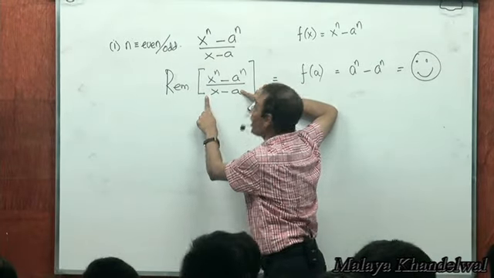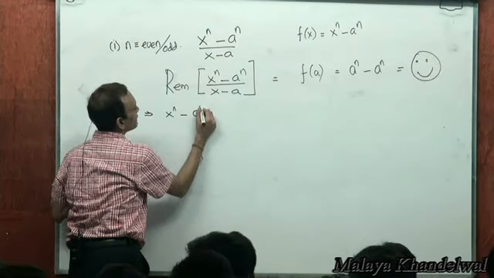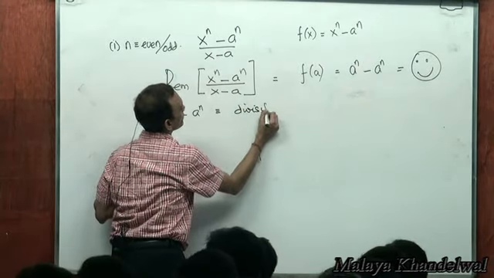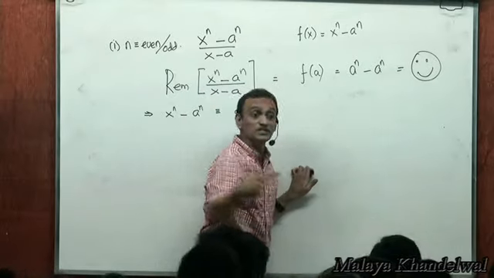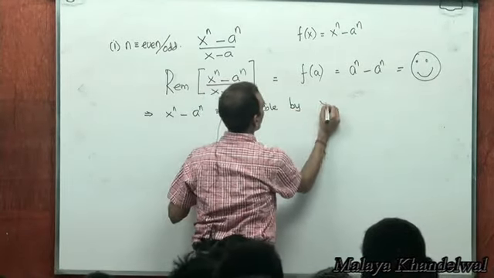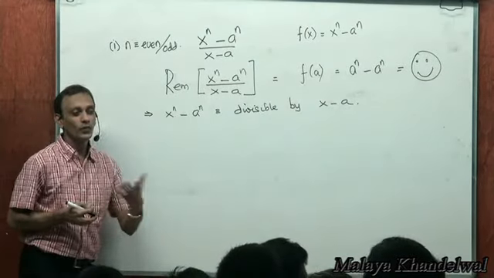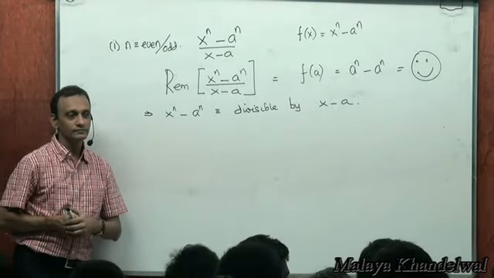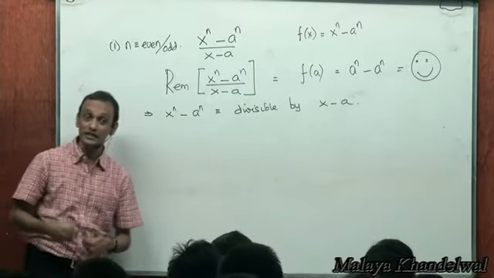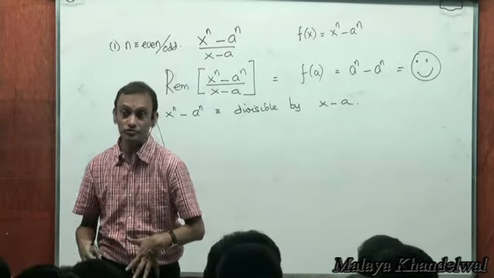Whether n is even or odd, x power n minus a power n is always divisible by x minus a, because the remainder of this division is 0. x squared minus a squared is always divisible by x minus a, x cubed minus a cubed is always divisible by x minus a, and so on and so forth.